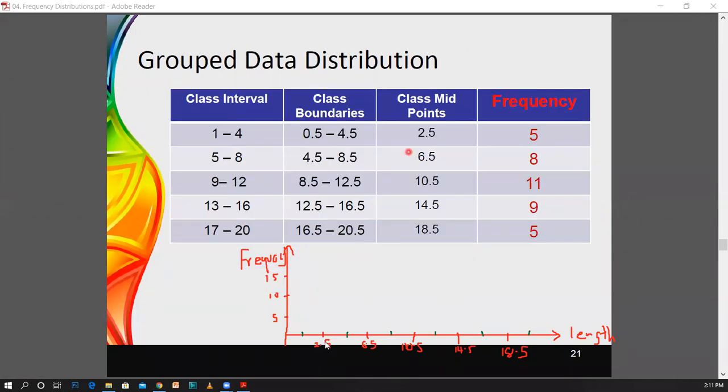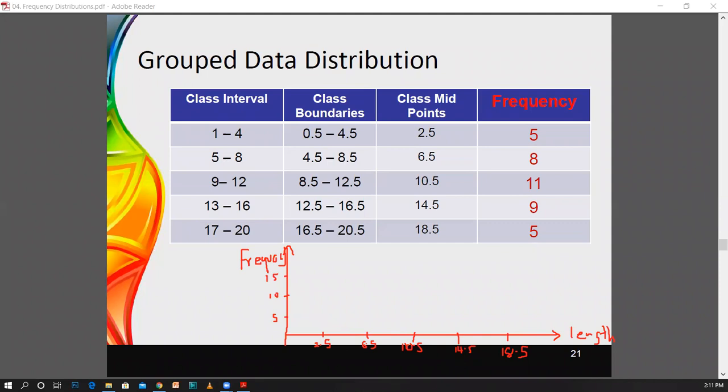We have identified the class midpoints, and there is no need to mark or deal with the class boundaries now. I just need the class midpoints only, and then I have to mark the frequencies associated with each class midpoint.